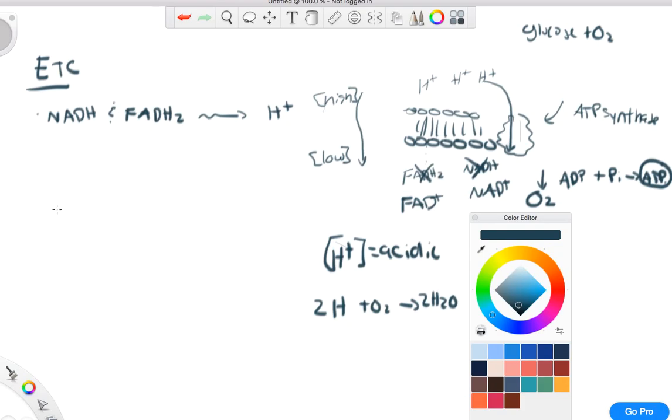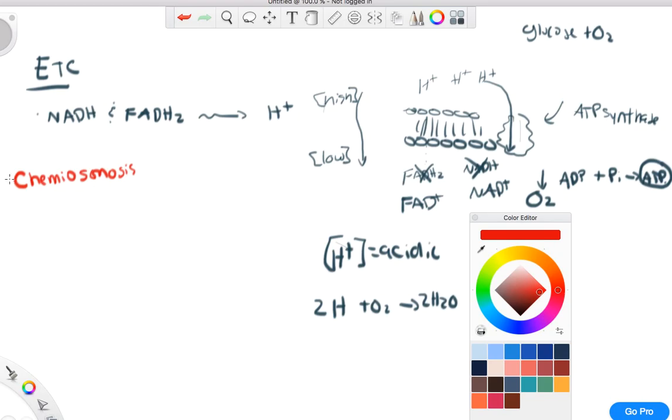This whole process of H plus powering is called chemiosmosis. So if you remember, osmosis is basically the movement of water. This chemiosmosis is a movement of chemicals. In this case, it's going to be H plus.